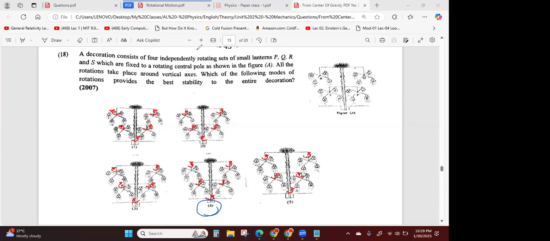Higher speed. Good. Likewise, now for example, if you take a top, a bambaram. Okay. So tell me, will it be stable at higher speed or lower speed?